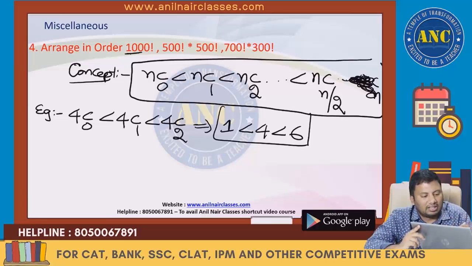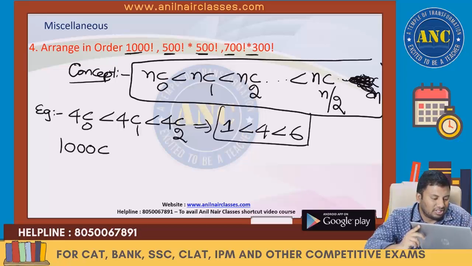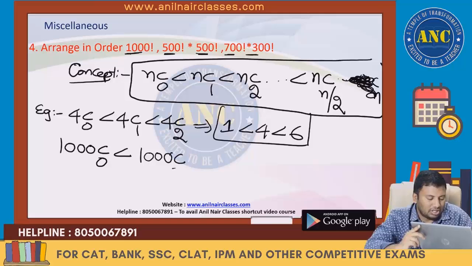So all are in the form of 1000 factorial, 700 factorial, 500 factorial. So 1000C0 < 1000C300 < 1000C500.